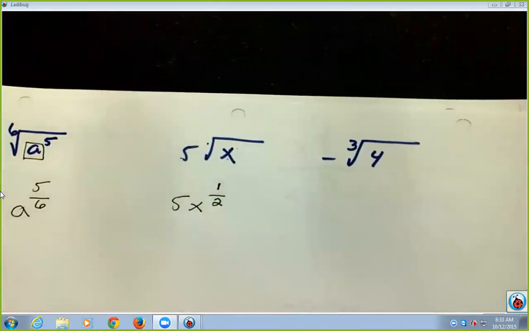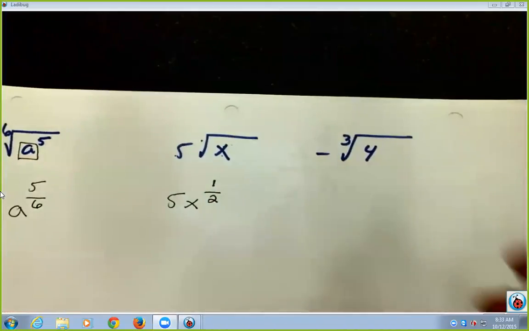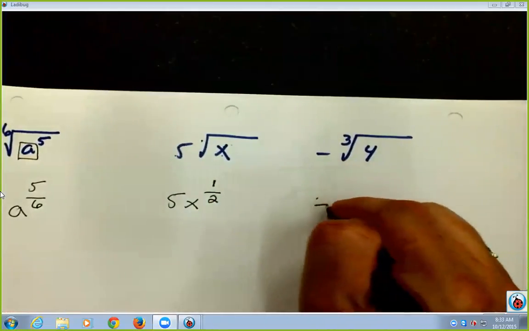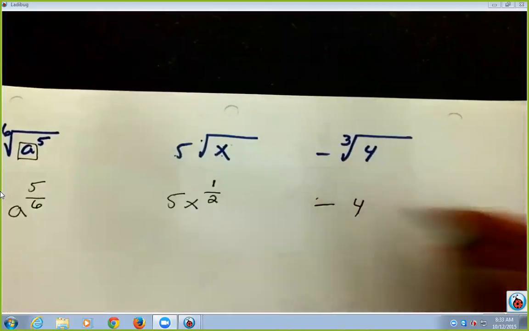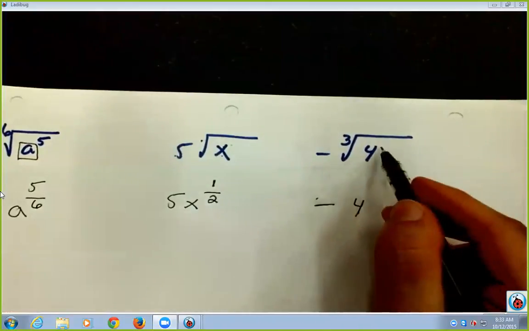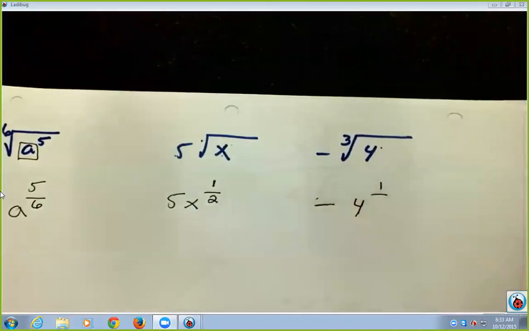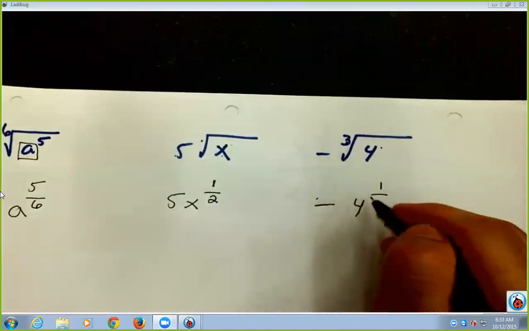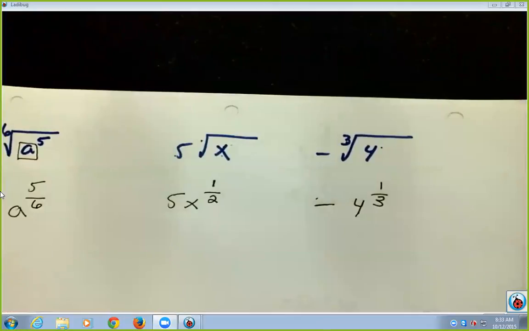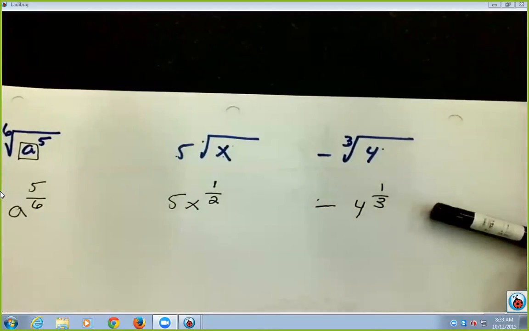Okay. So then this one, going to have the negative out in front. 4 is my base, no exponent, so it's 1. 3 is my denominator. So we flipped them around and made them into other values. Are we good there?